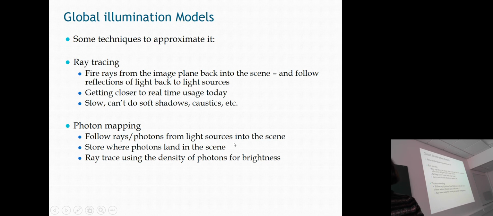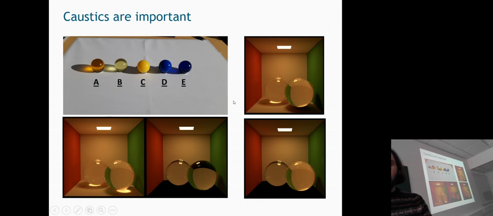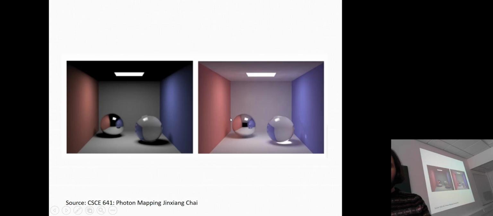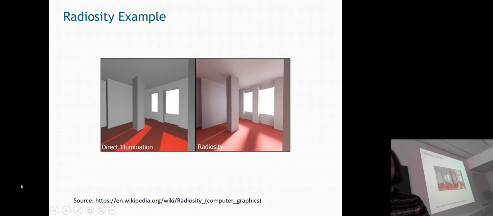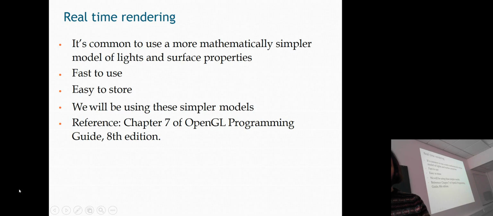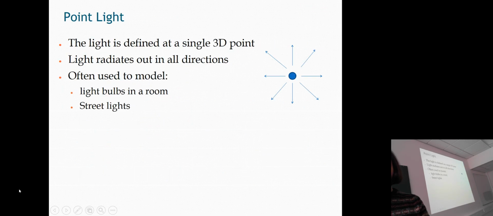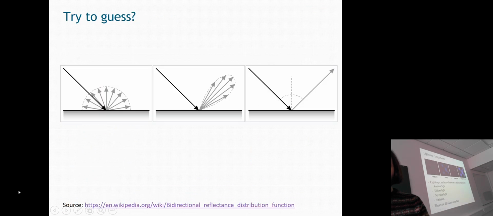There was a question, and I have another slide on that. Caustics, and path tracing, scanline rendering, which is actually decreasing the amount of information we want to render based on what we see in the scene, and different light sources that I will go to.